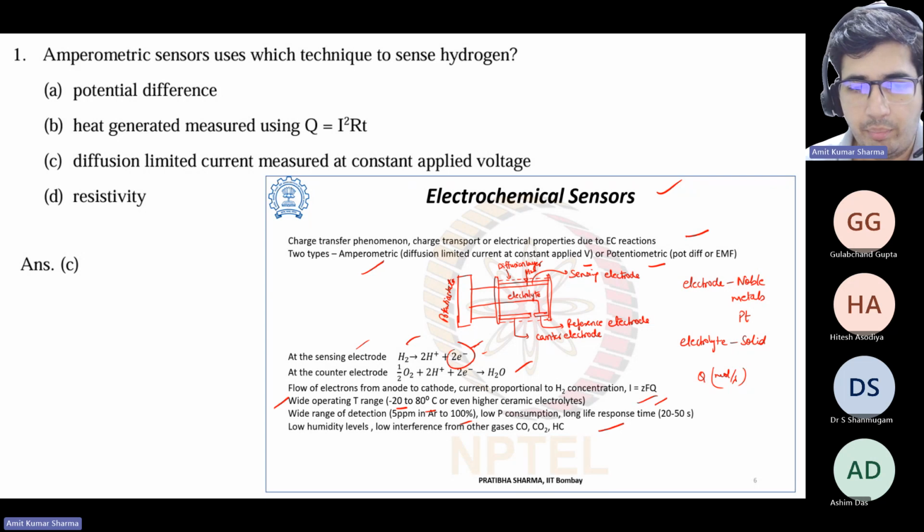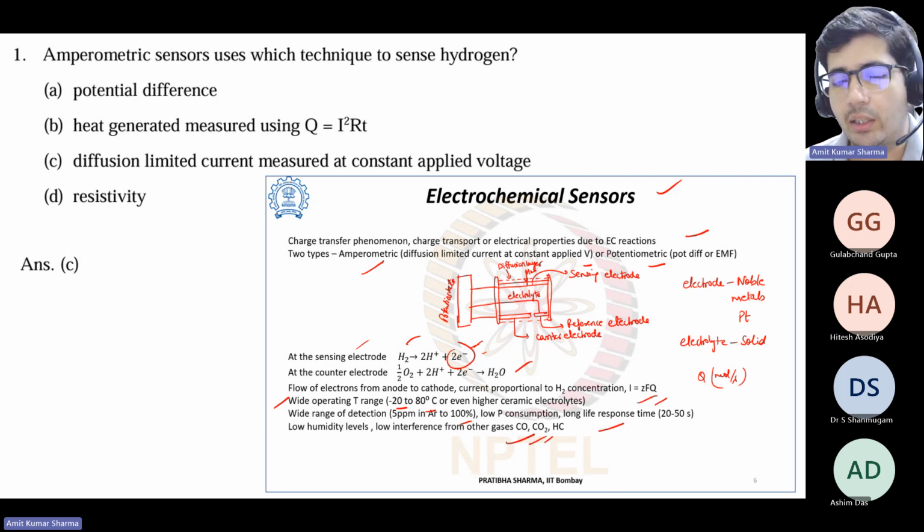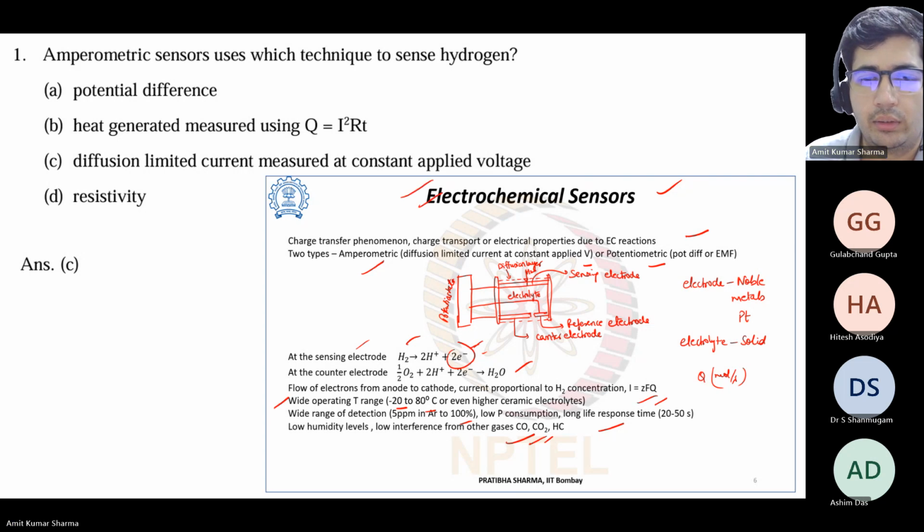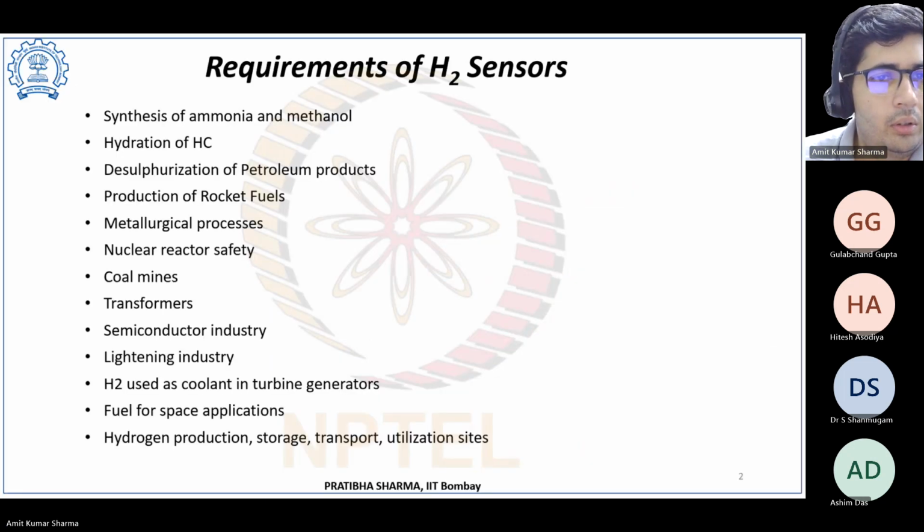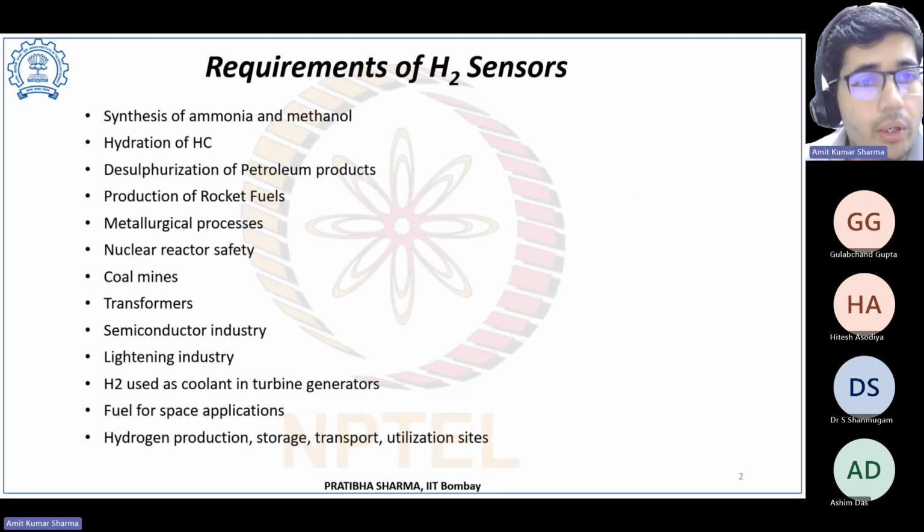It has long life, fast response time, works at low humidity levels, and has low interference from other gases. If other gases are also present, there is not that much interference. So this is about the electrochemical sensors. For more detail, you can refer to the class notes or a reference book. So first, requirements for hydrogen sensor.